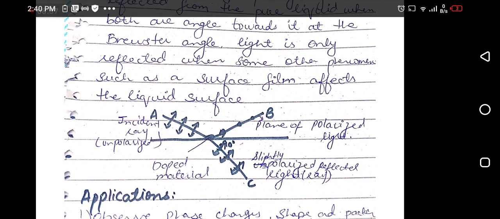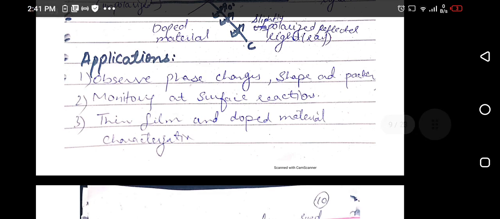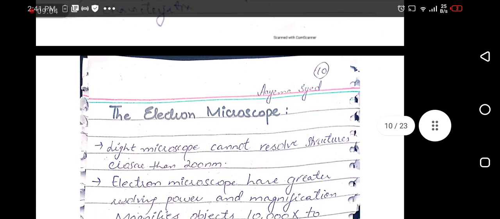Incident light, or we can say polarized light, only shows a response when we have a doped material. It is used to observe phase changes, shapes, packings, monitoring surface reactions, thin films and doped material characterizations.